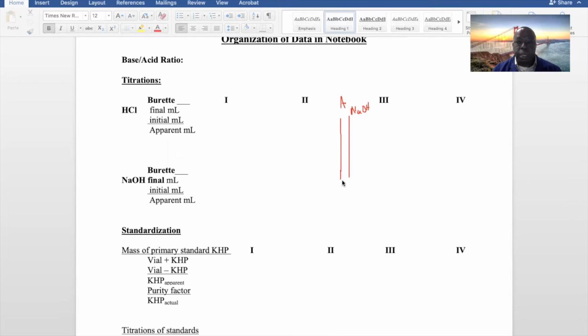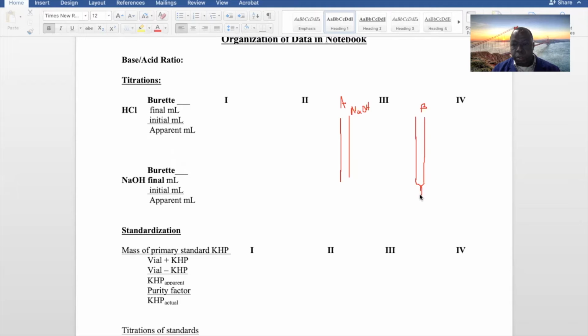We are standardizing this. And then buret B on this side, you are supposed to have HCl.